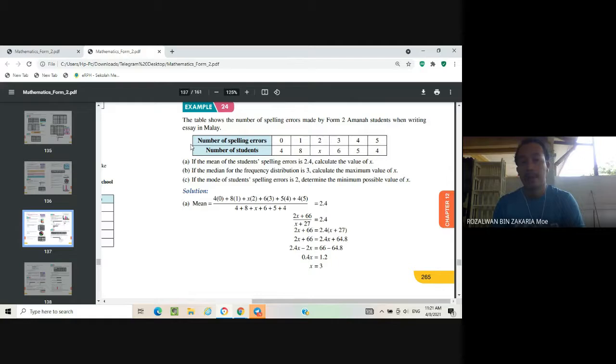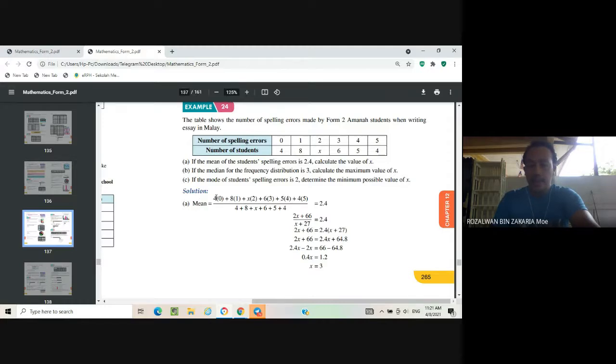When the data is given in the form of a table, it is grouped data. The formula is mean equals the summation of, in brackets, frequency multiplied by the data, then divided by the total frequency. So we use the formula.